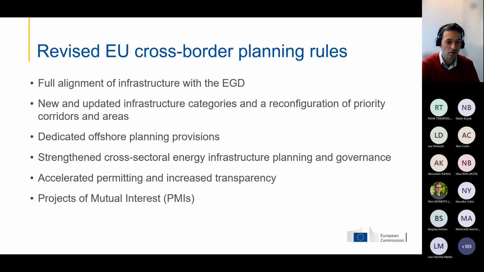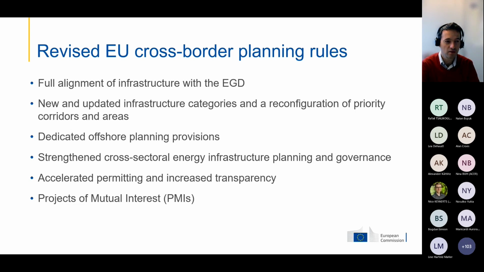Electrolyzers have also been added, but there is no scope for natural gas projects. There are also dedicated offshore planning provisions, taking into account that there is going to be an increasing role of offshore wind in power generation. Also strengthened cross-border energy infrastructure planning and governance, and this is the key topic of the presentation, where the framework guidelines will fit perfectly.